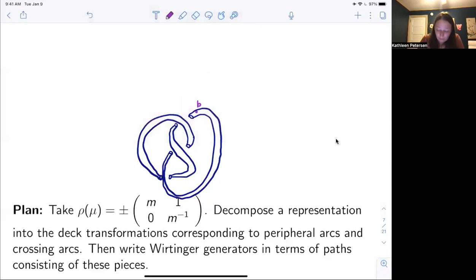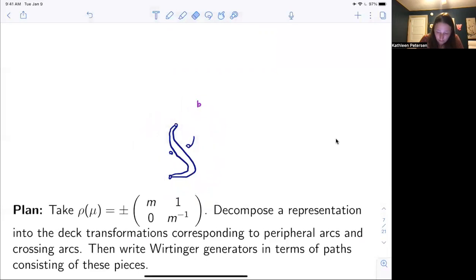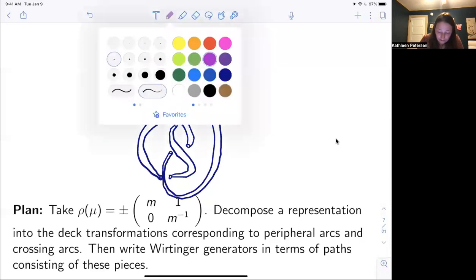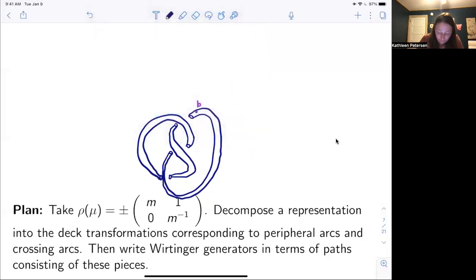And I'm going to orient my knot. Oh, that was terrible. There we go. Let's say I'm going to orient it going this way. Then I'll take a meridian at the knot, a meridian that respects the orientation. So here you can see that's going to go around the knot that way.